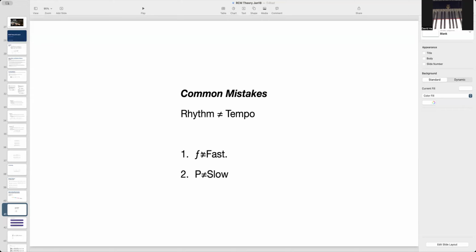And the rest of them is dynamics. Forte means strong, play very loud, but it's not equal to fast. And piano is very soft, it's not equal to slow. So all you can do with those ideas is to use a metronome.